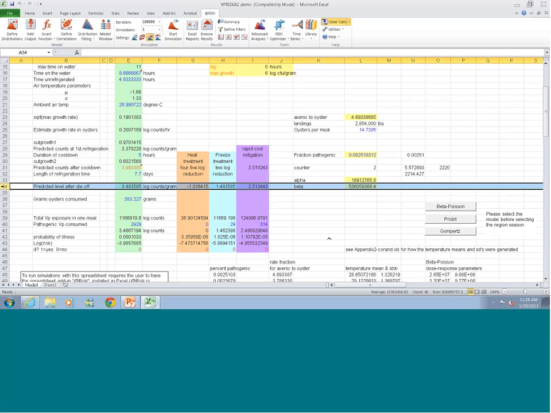With the freeze treatment, the 3.5 drops to about 1.5. And with rapid cool, the 3.5 drops to about 2.5. So again, the details we're going to have to leave for your interest if they take you in that direction. What I would like to do right now, however, is to begin to walk through an explanation of how @RISK helps us to do this.